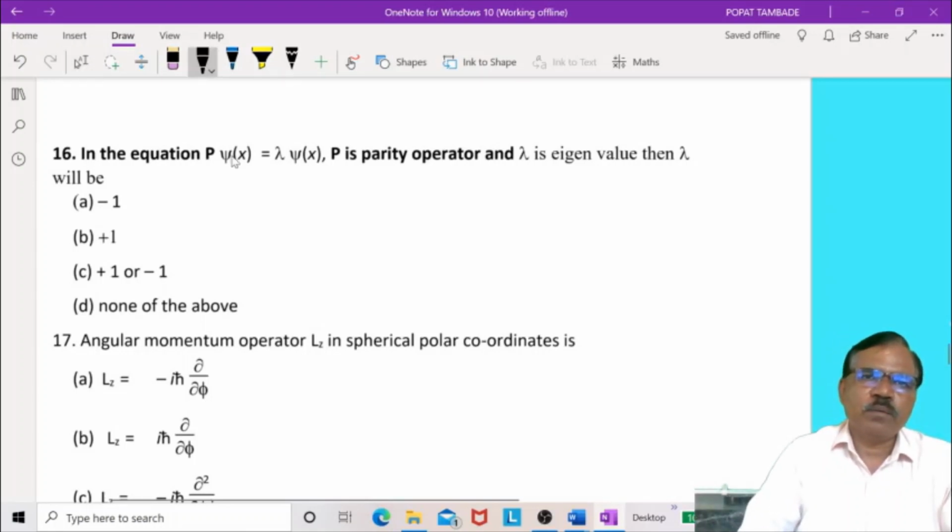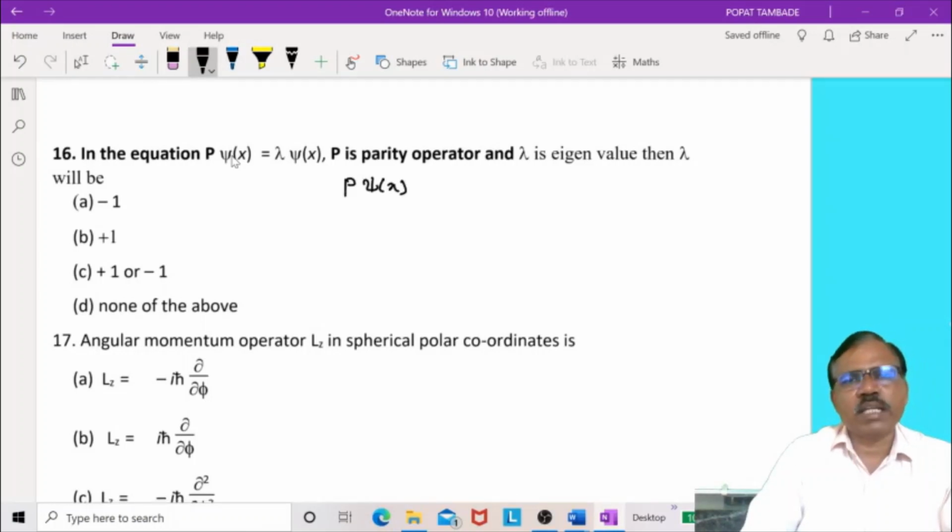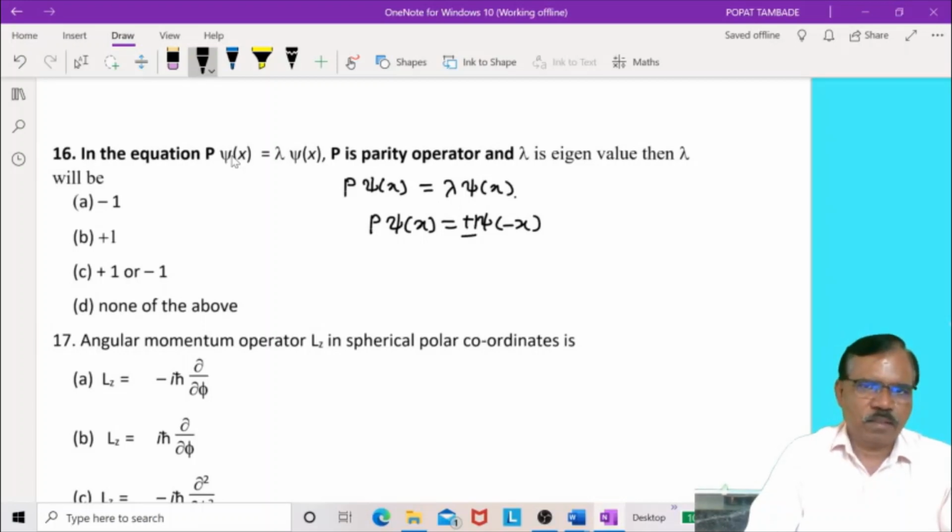So here when the parity operator operates on psi of x, we get psi of minus x with plus 1 or minus 1. If we have plus 1, psi of x has even parity. If minus 1, psi of x has odd parity. So here you will get lambda either plus 1 or minus 1.